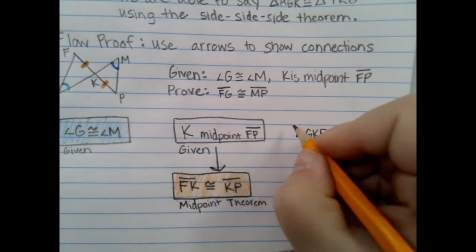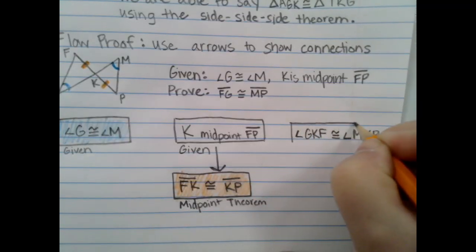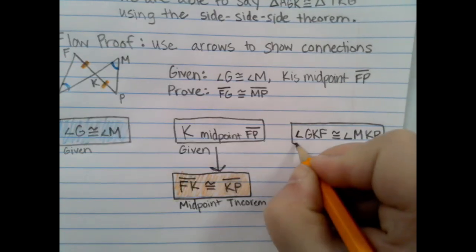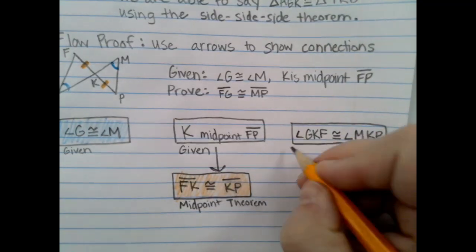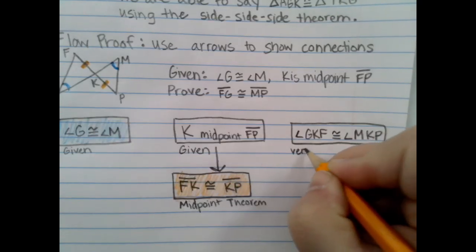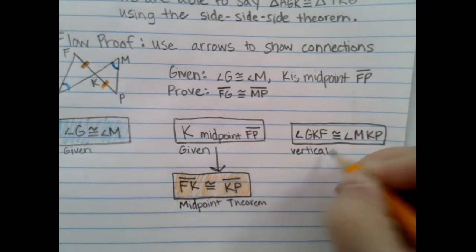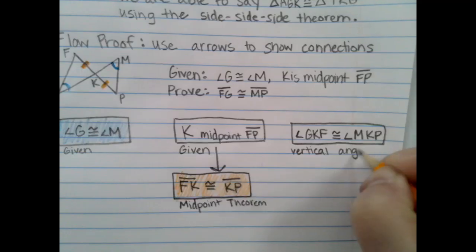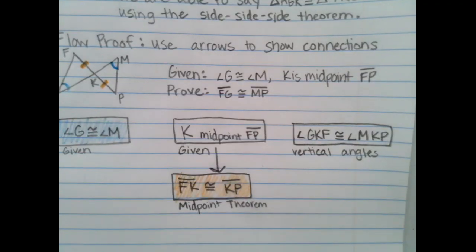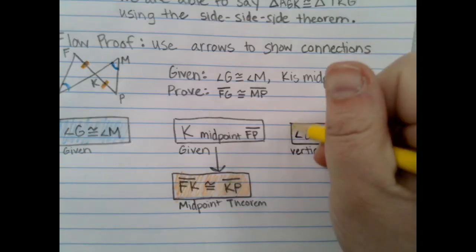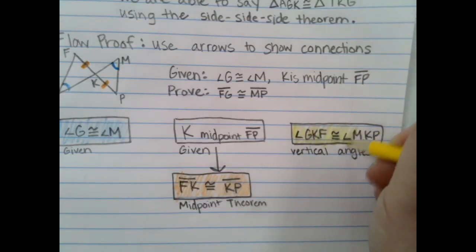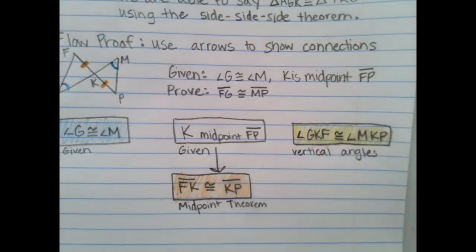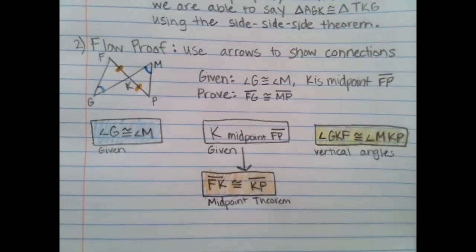I have to see what we wrote, because we wrote it a little different than I did last year, and that's okay. Okay, and that was vertical angles. Okay, again, if you want to shade that in, keep saying the word again, and mark that up.